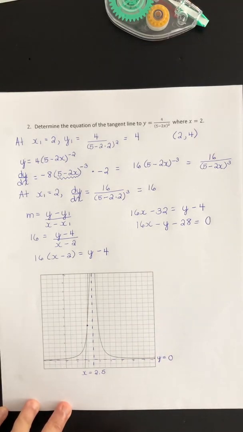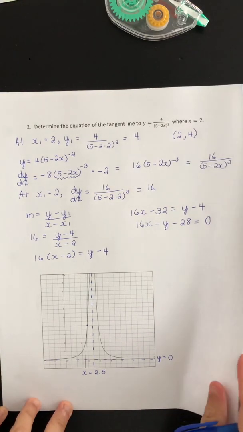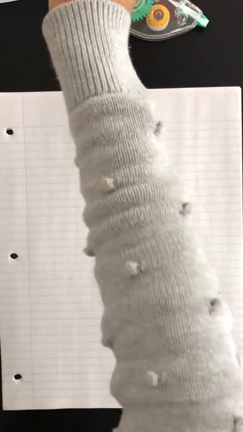Okay, and I know you're thinking, am I going to be required to draw these diagrams? And no, I will not ask you to draw the diagrams, but I do need you to begin to understand them.